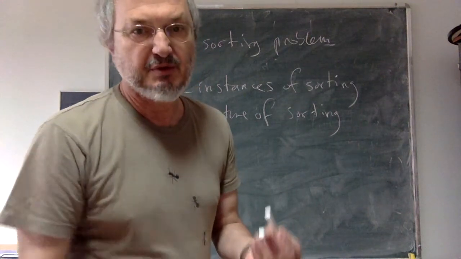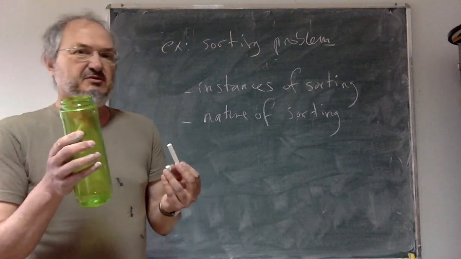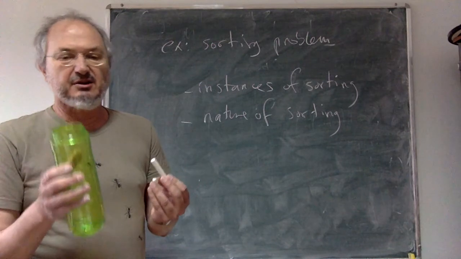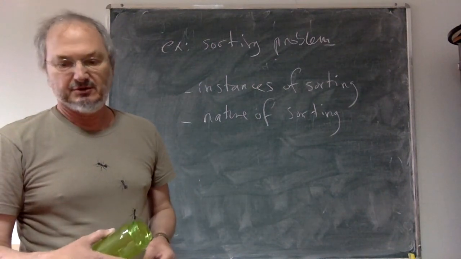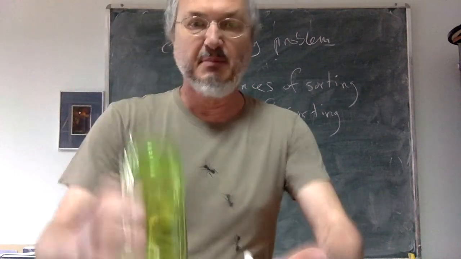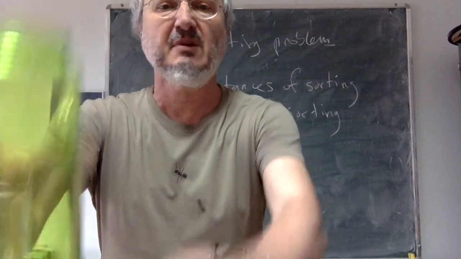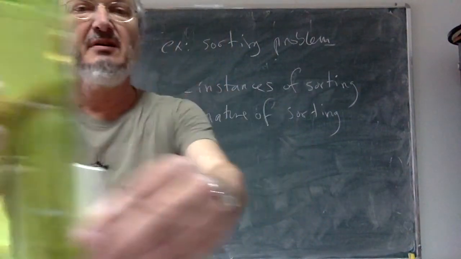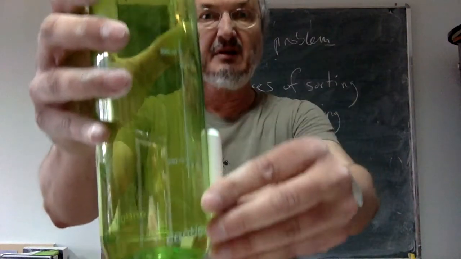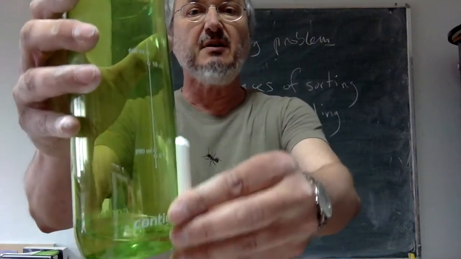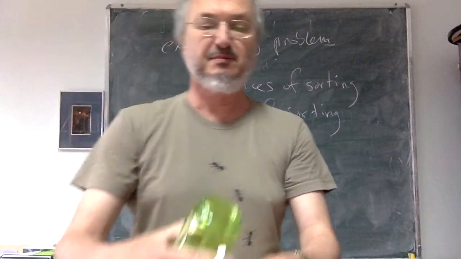Now, if you're really just interested in these, you can say, well, there's a very simple way to sort these things. Take them out, bang them on a table, like this, okay? This is too small, let me just give you this one.